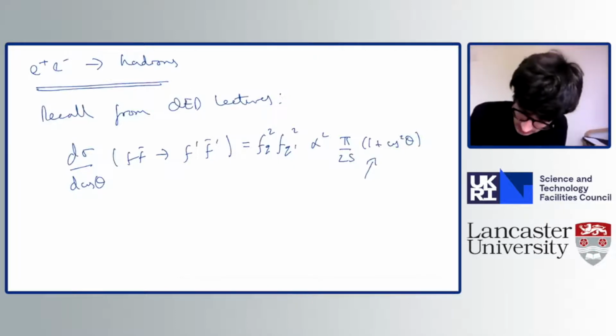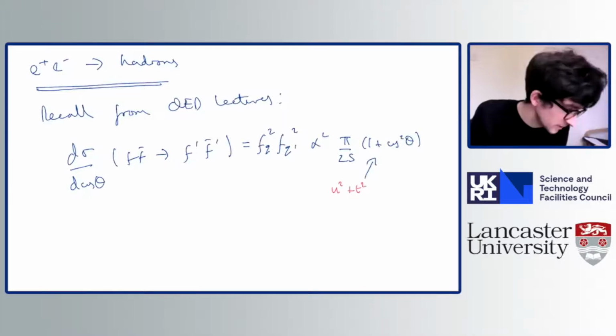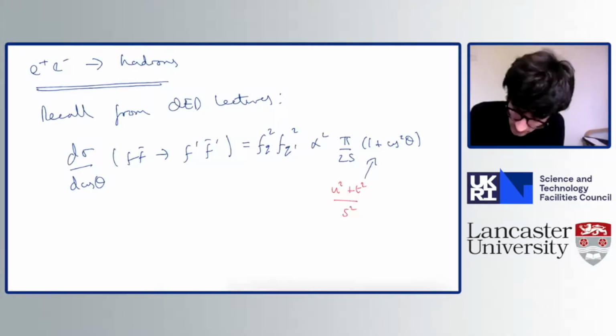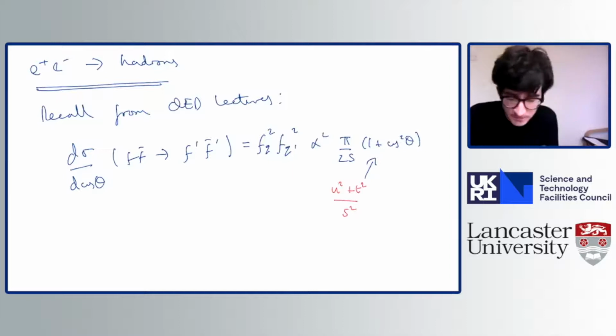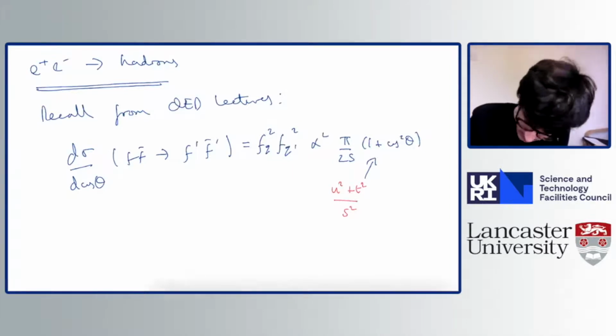Probably not in this lecture and even in the next lecture, but I will make use of it at one point, in terms of your Mandelstam variables: that's u squared plus t squared over s squared. That's actually not relevant for now, but let me at least indicate it because I'll make use of it later. But okay, there's the expression. Let me draw it in green, for example.